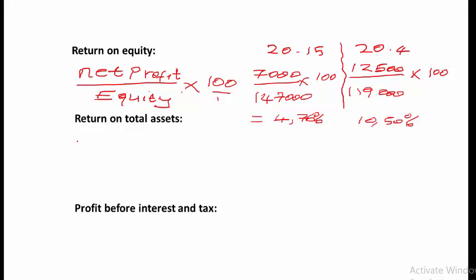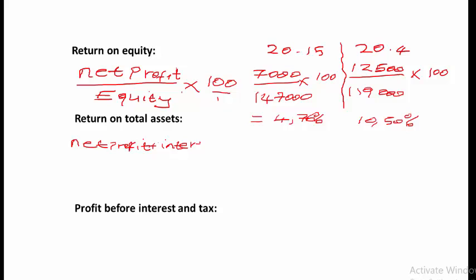So here you'll have your net profit plus any interest expense, interest that you could have paid. So interest expense is added, so plus interest, right?